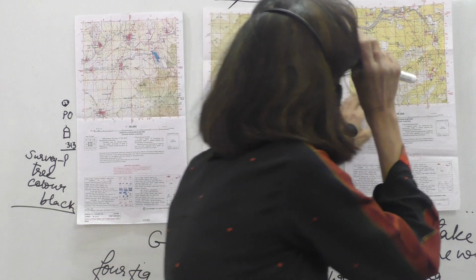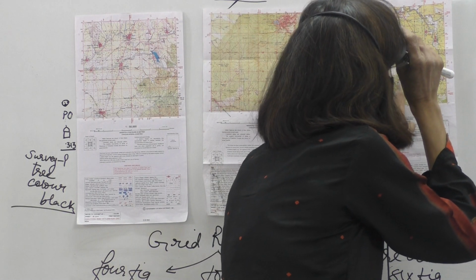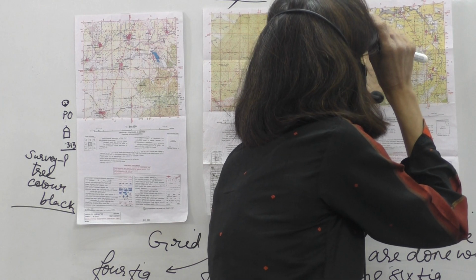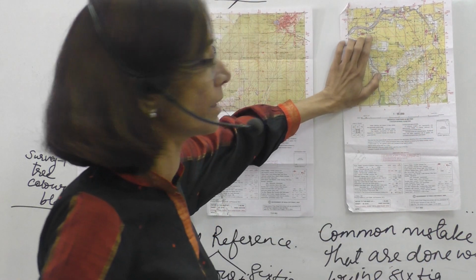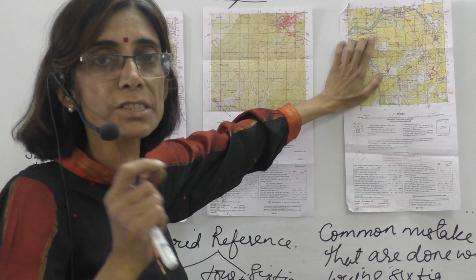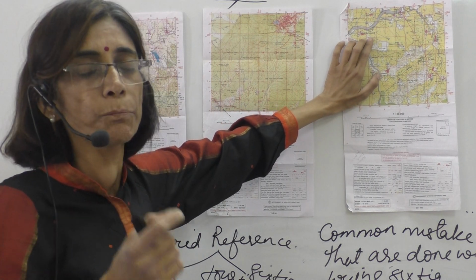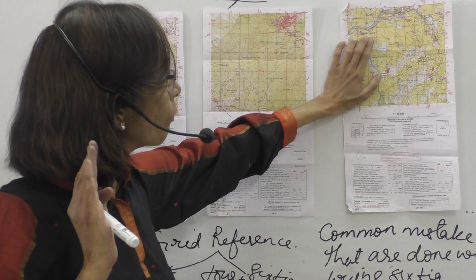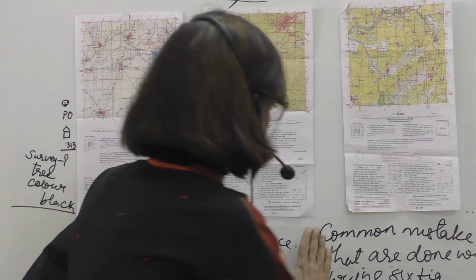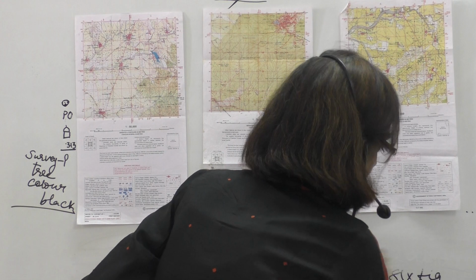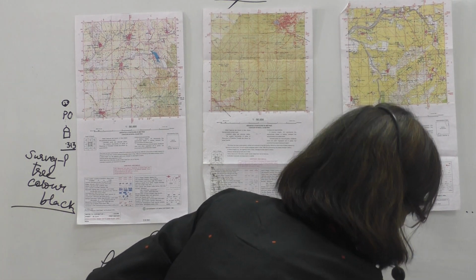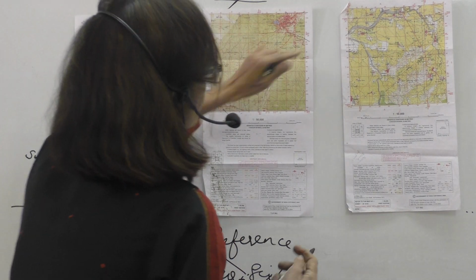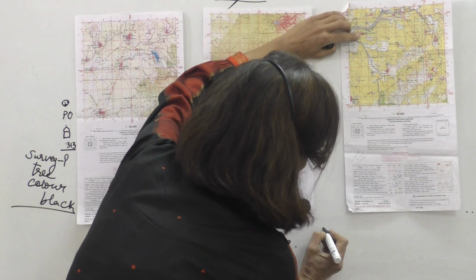Similarly in this topo sheet, they can ask you Marol. Here it is written fair monthly, which means they'll give you the question: write a 4 figure grid reference of a place where people meet once a month. So what's the question for this Marol?